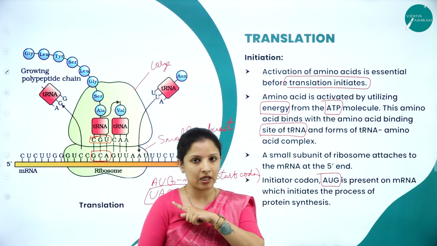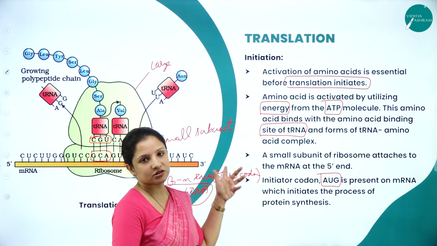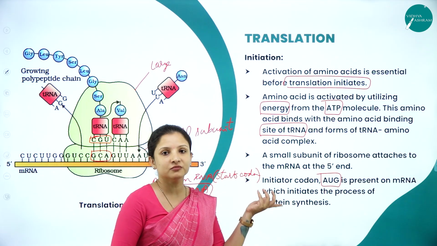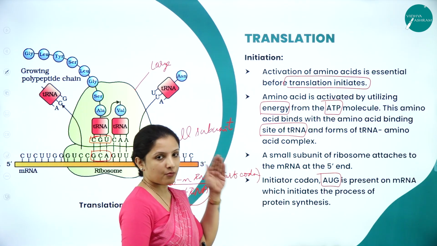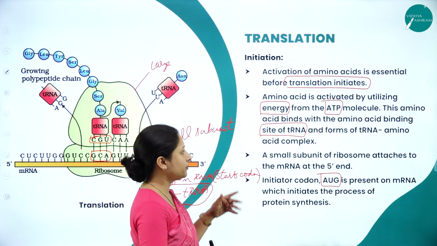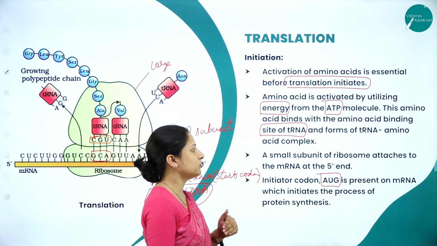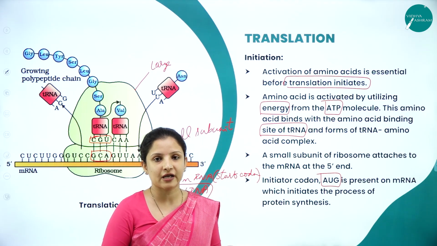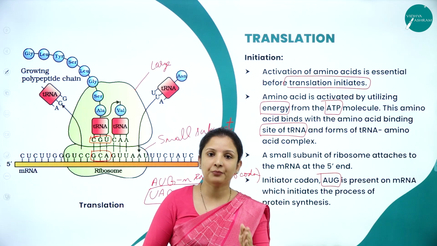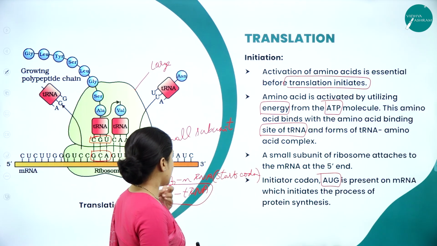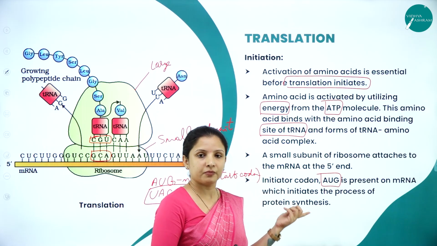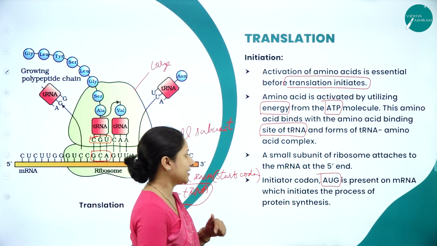After that, it forms a tRNA amino acid complex, right? After the formation of the tRNA amino acid complex, a small ribosomal unit will come and attach towards the 5' end. All this will happen in the initiator region itself, that is the AUG sequence or triplet code that is present on the mRNA strand.